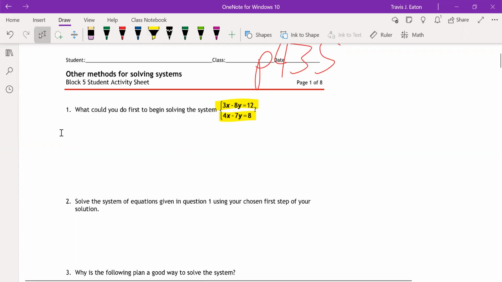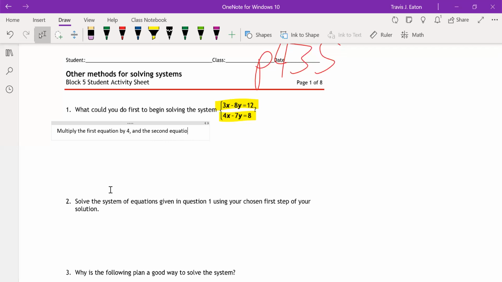The first thing I would do for this equation is I would multiply the first equation by, how about 4? I'm going to multiply the first equation by 4 and the second equation by, how about -3?